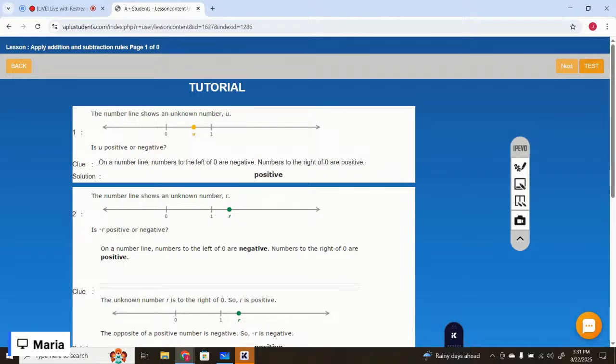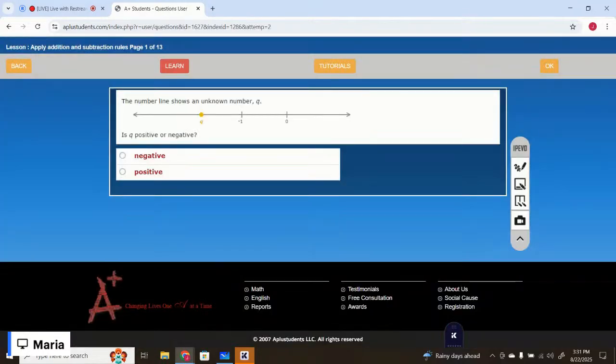Let's just start with the test questions. So Q is a negative number because that is on the left hand side of the 0, so negative it is.